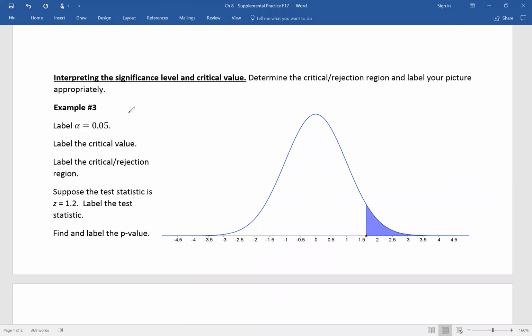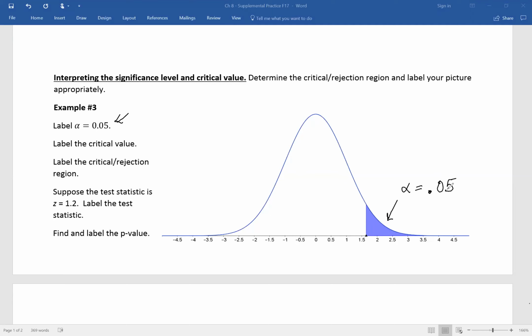So alpha is the area in the tails, and it is the probability that you're making a type 1 error. So we don't want to make an error, but that's our willingness to make a type 1 error. We're going to set it at 5% for this particular hypothesis test.